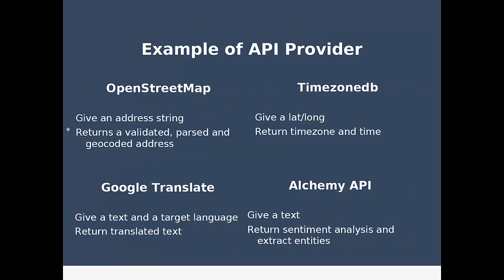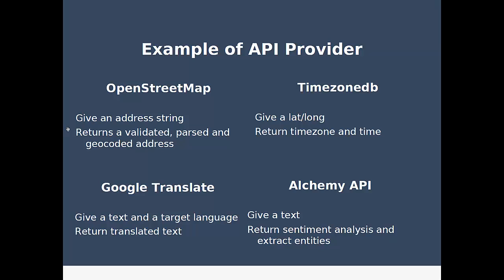So just a couple of API providers: OpenStreetMap, which we will use in an example, validates and parses addresses while geocoding them. So you can give them an address, and it will return the longitude, latitude, and a clean address. TimeZoneDB is another API that, given a location on Earth based on the latitude and longitude, will return which time zone it is in and what the current time is.